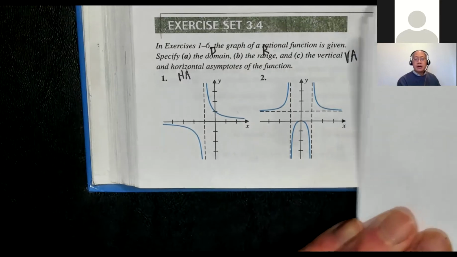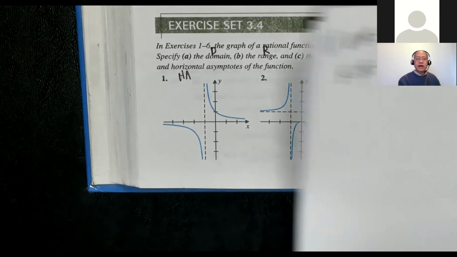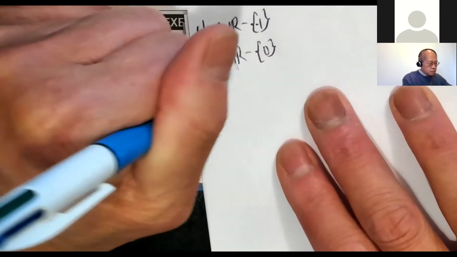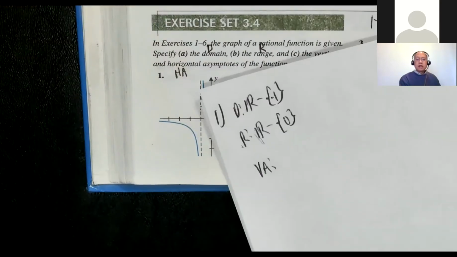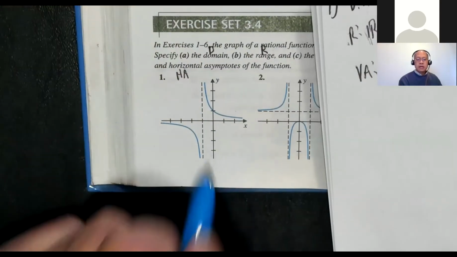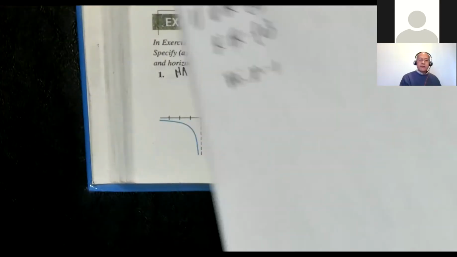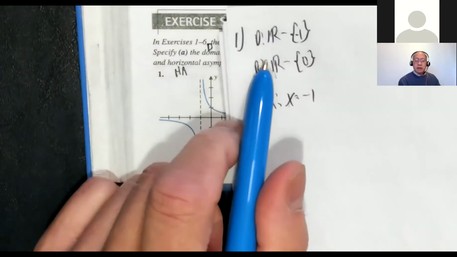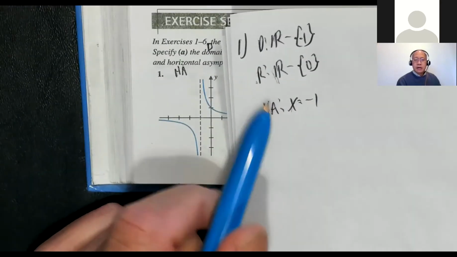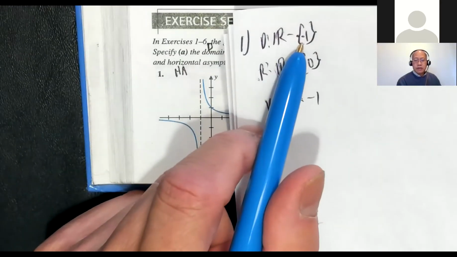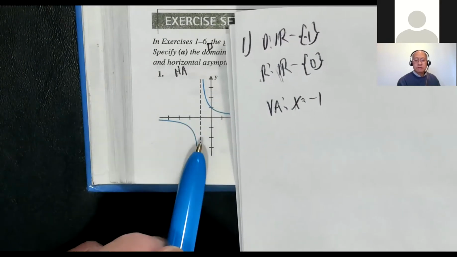Then the VA and the HA, vertical asymptote, horizontal asymptote. X equals -1. The vertical asymptote and the domain are closely tied together, as you might guess. X cannot be -1, and the reason for that is because you have an asymptote.